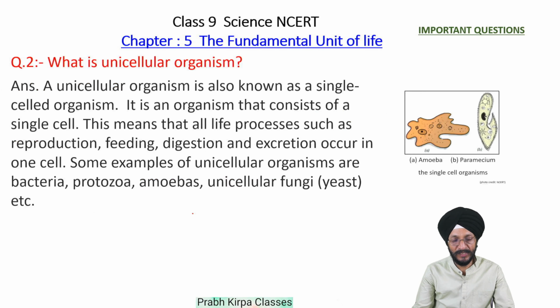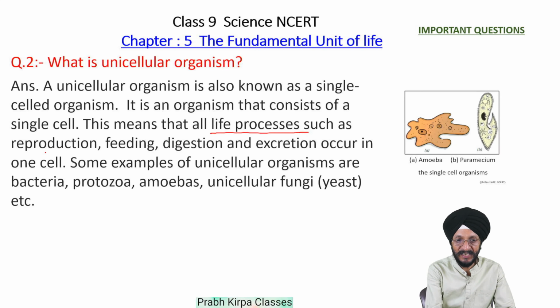Second important question: what is a unicellular organism? A unicellular organism is also known as a single-celled organism. It consists of a single cell. It means that all the life processes such as reproduction, feeding, digestion, excretion, etc. occur in one cell.